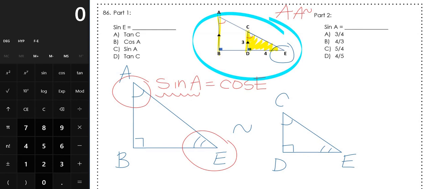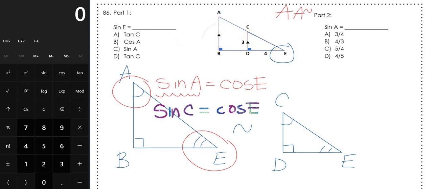I know angle A and angle C are congruent, so instead of writing sine of A, I could have also written sine of C would equal cosine of E. Keep that in mind, because the two triangles are similar, we can have some of those angles be replaced with an angle that it's congruent to from the other triangle.